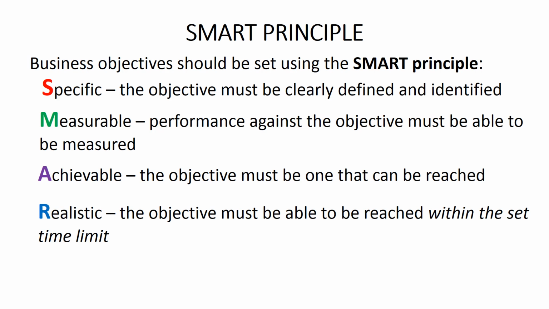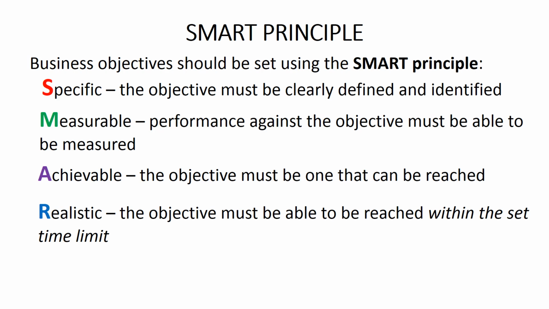That is, is it something that can be achieved within, say, 5 years, irrespective of what time frame might actually be set out within the objective itself. However, when we are assessing whether an objective is realistic, we are asking whether it is likely that the objective can be reached within any time limit that is set out in the objective.